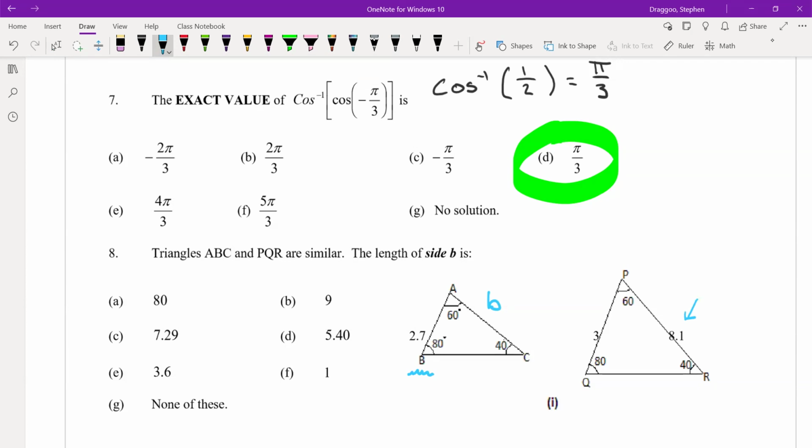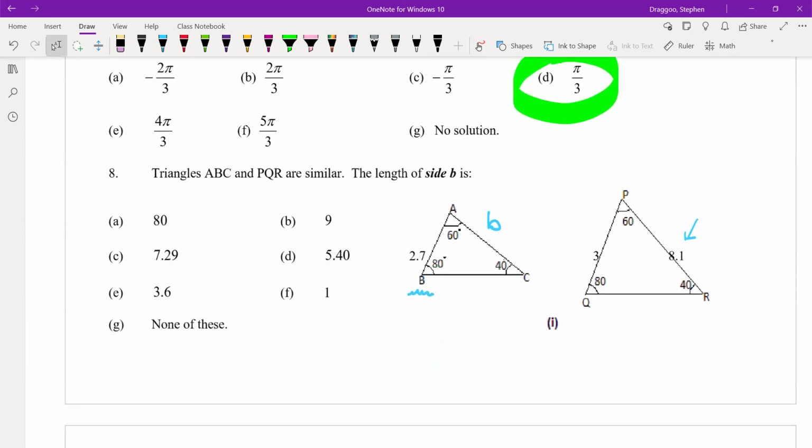So I should set up a similar triangle equation, which should say that B over 8.1 is equal to 2.7 over 3, since I'll look at the other two corresponding sides that I have to compare, which are the 2.7 and the 3 right there.